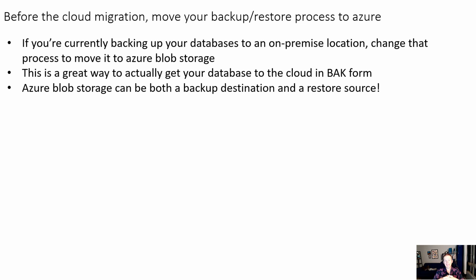If you do that now, your BAKs and TRNs are already in Azure. Think about how much easier it will be to migrate that database if you've already got those files up in Azure. So for instance, if you're going to an Azure virtual machine, you could restore those BAKs and TRNs into the Azure virtual machine, and boom, you're ready to migrate really, really quickly.